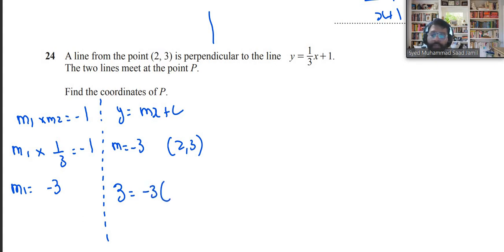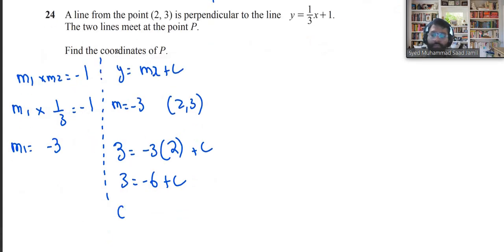In place of x you will write 2 plus c. So 3 is equals to minus 6 plus c. So c is equals to 3 plus 6, c is equals to 9. So your equation is y is equals to minus 3x plus 9.